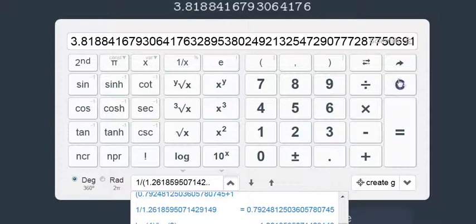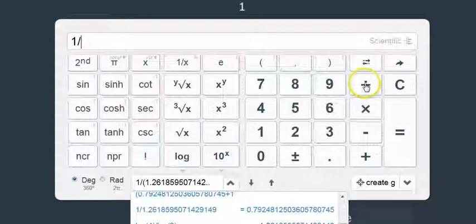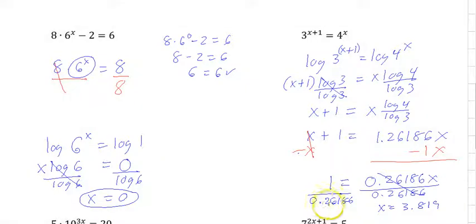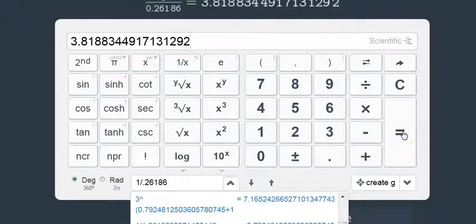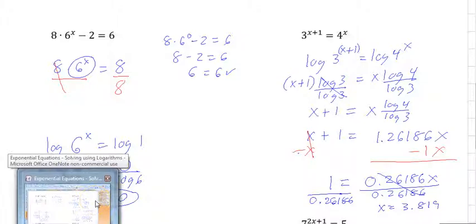But if you don't, you can just enter it in the way we have it. So it's 1 divided by 0.26186. And it's still the same thing, 3.819. So, as long as you have enough decimals, it'll work out and give you a good approximation.